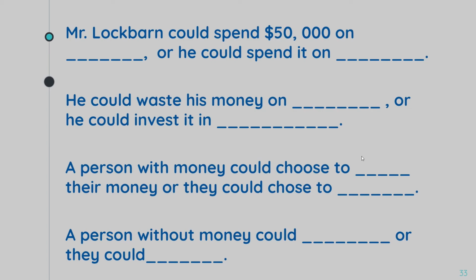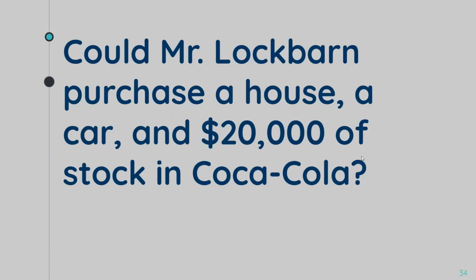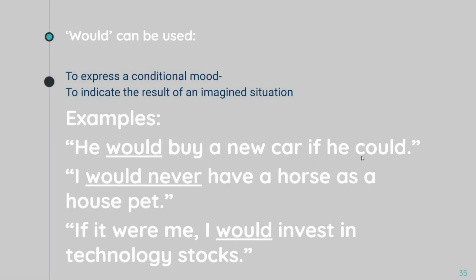A lot of times we want to show options there. But there's also could as in, is it able to be done? So could Mr. Lockbourne purchase a house, a car, and $20,000 of stock in Coca-Cola? Well, it would depend, wouldn't it? It would depend on how expensive his house was and how expensive his car was.